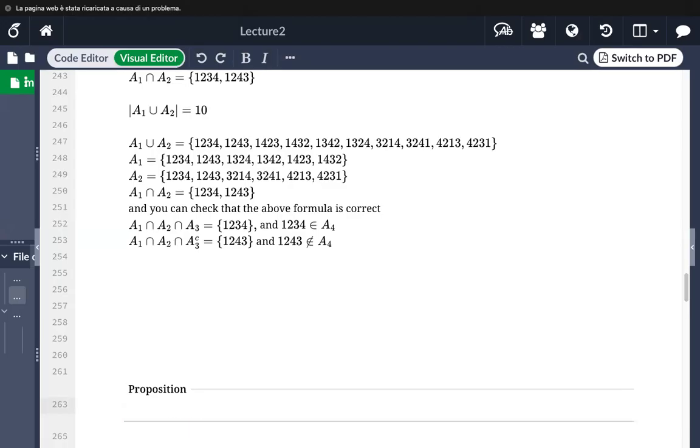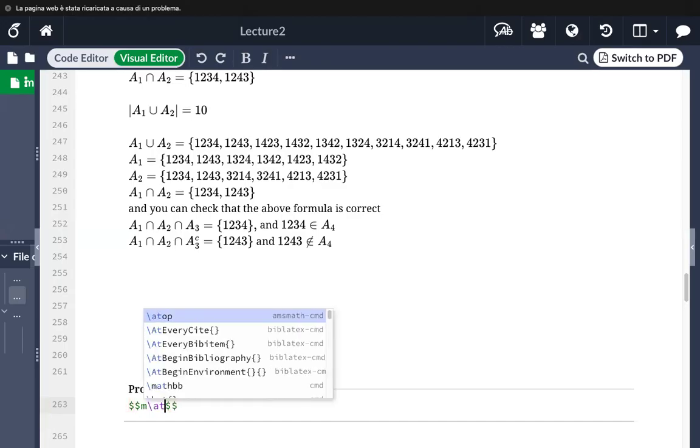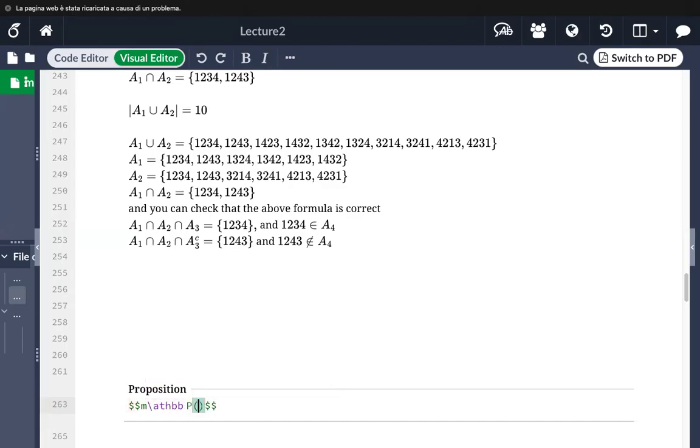Well, the first one follows quite directly from the properties that we have imposed, which is that the probability of the full sample space is equal to 1.